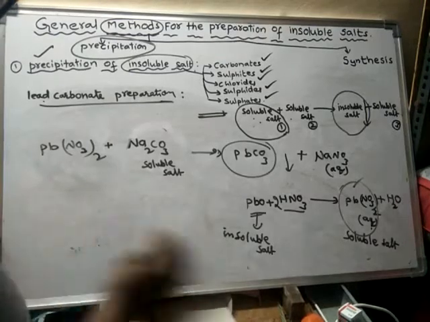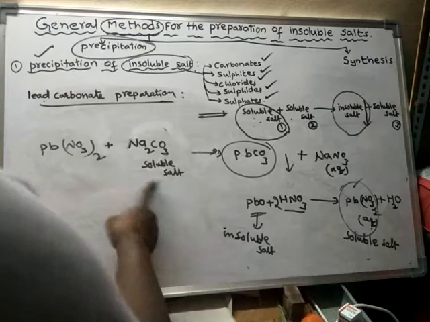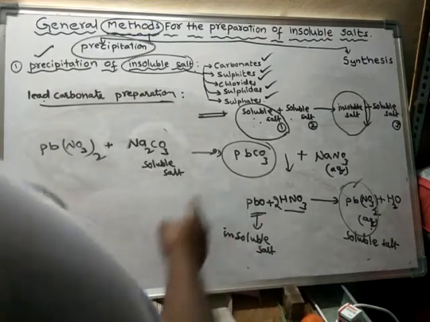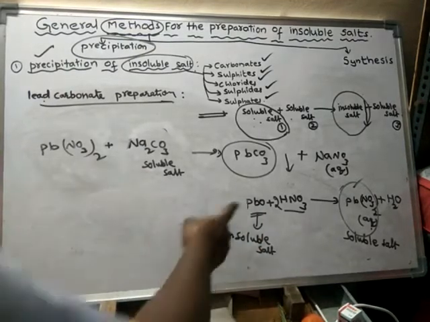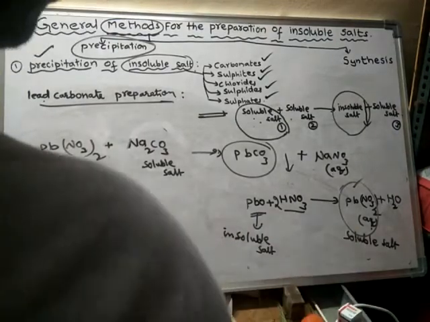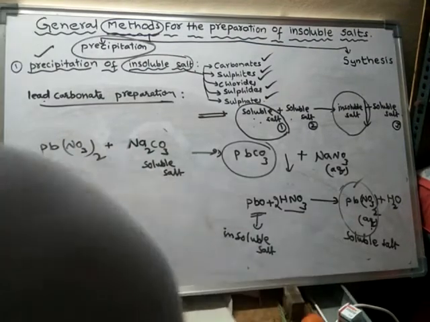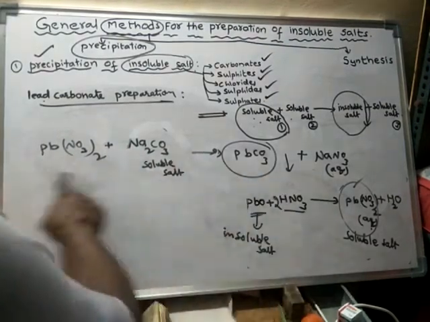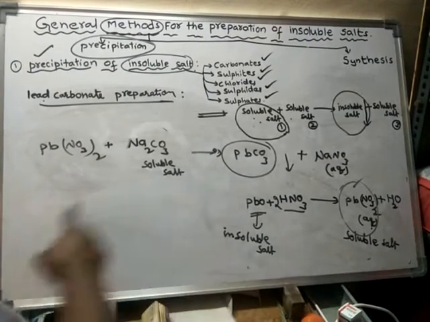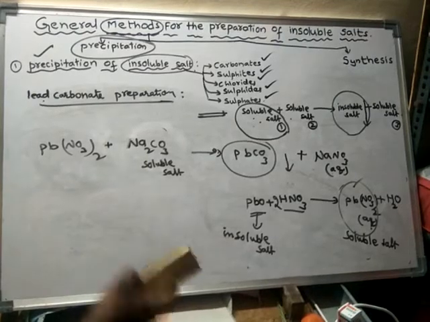So that means if you take two salts, one insoluble and the other soluble, before making the reaction between these two, first convert the insoluble salt into a soluble salt. Now use this soluble salt, which is formed in this reaction, for the precipitation reaction.